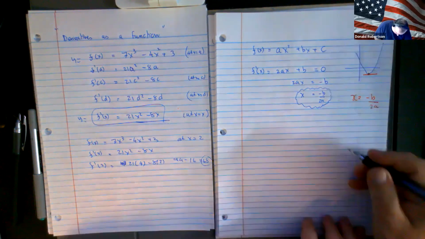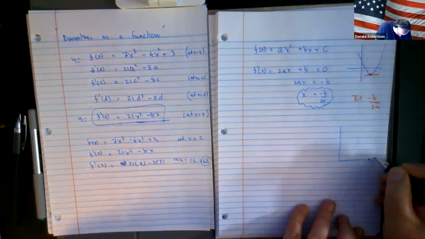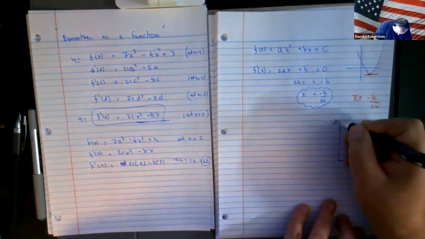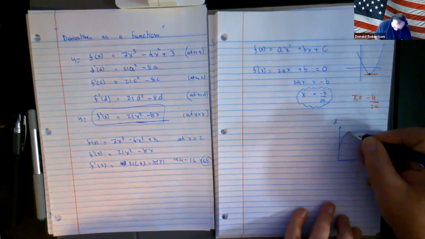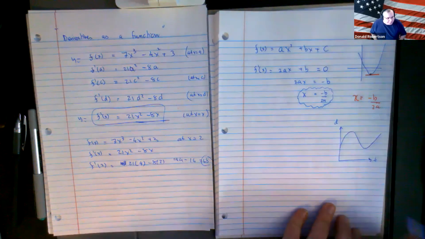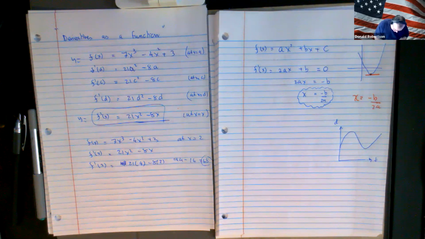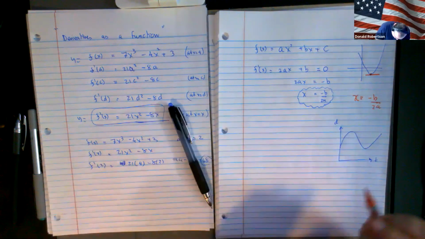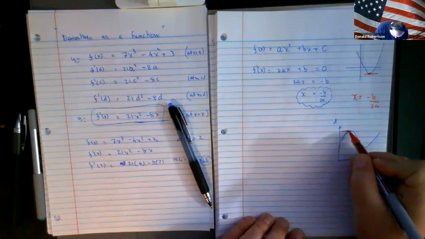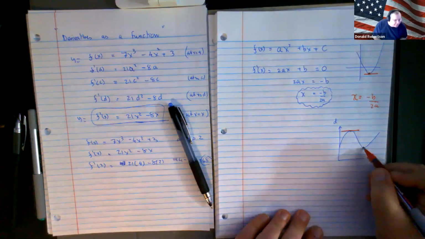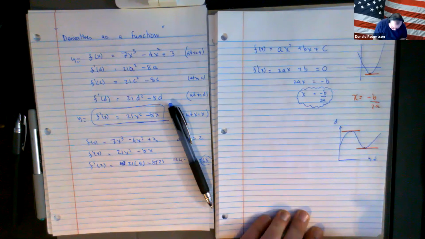If I give you a time position curve, and this was a moving object and it looked like that, at the top of the hill won't the derivative be 0? And at the bottom of the valley, won't the derivative be 0?